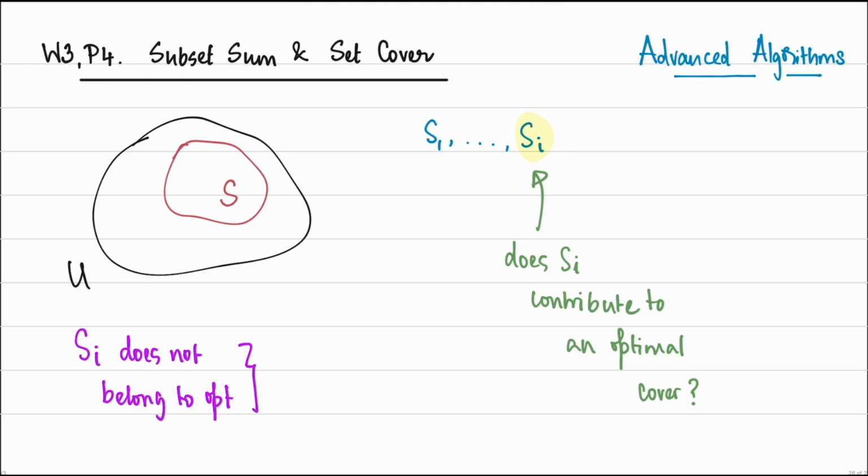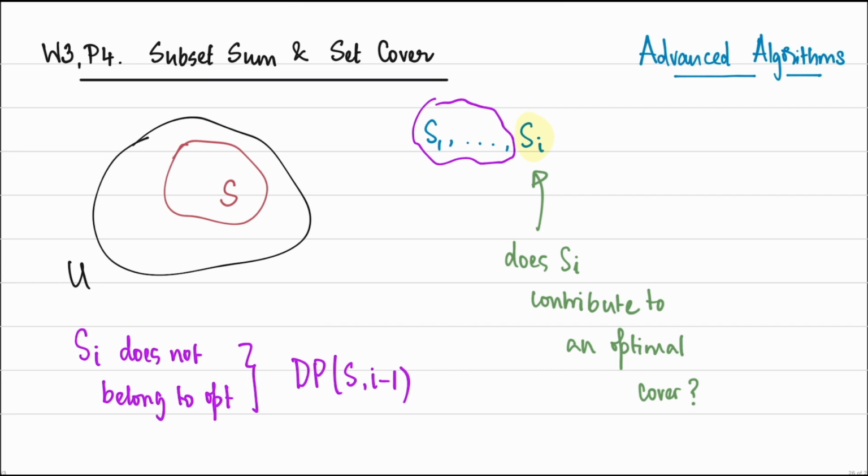In this case, we can just appeal to dp of S comma i minus 1, because Si is not going to make any difference. We have to fend for ourselves with the first i minus 1 elements, and we still have the same target upon us.